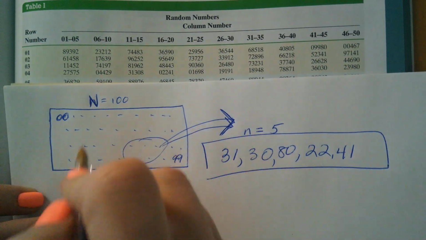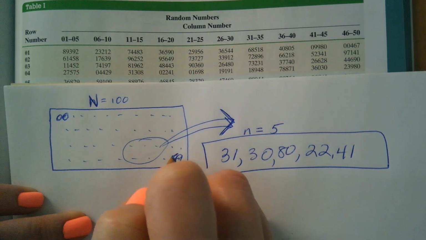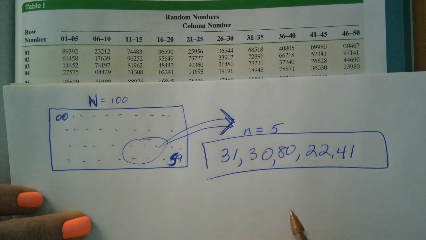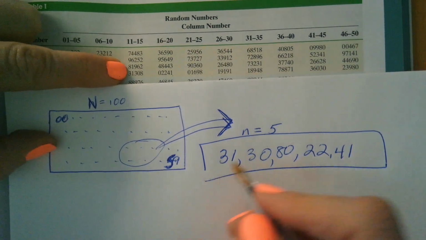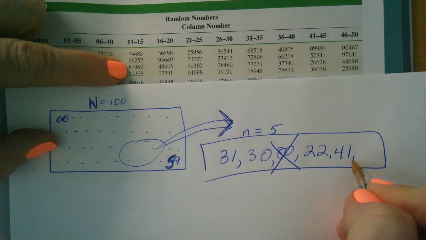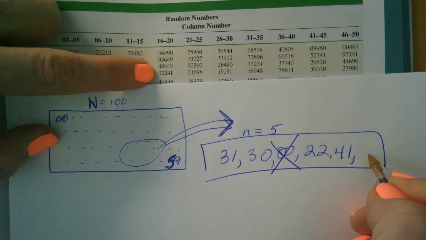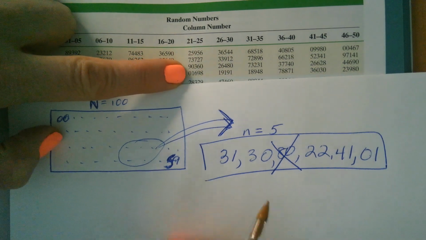Now what if you only had 59 people in your population, and we started at the exact same place? Clearly there is no number 80, so we would just exclude that number and go on to the next person. After 41 comes 01, so we would include 01 in our survey.